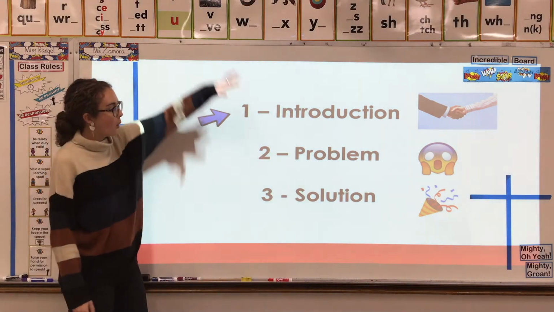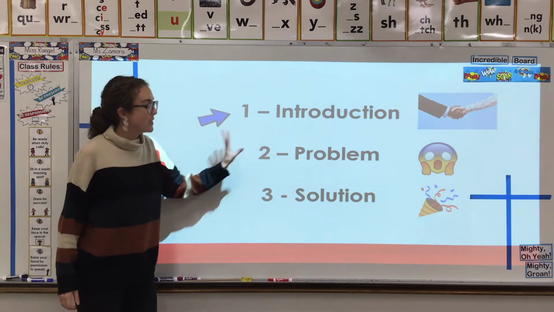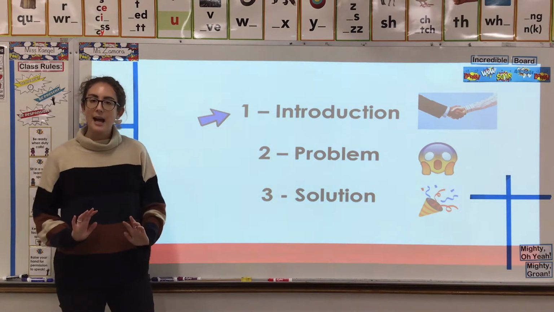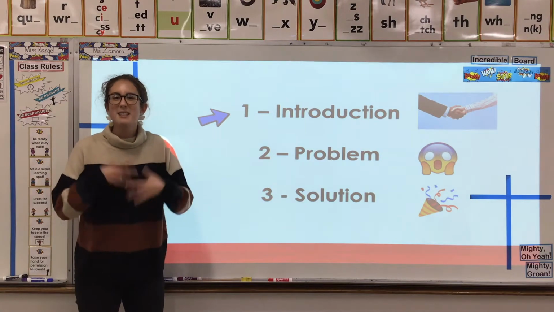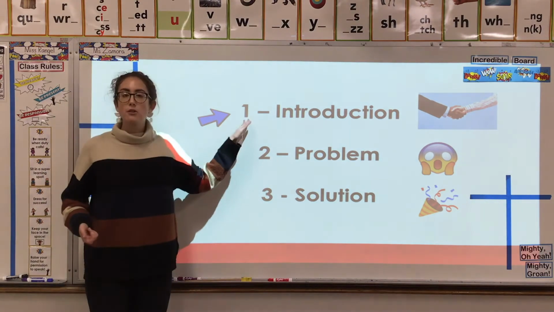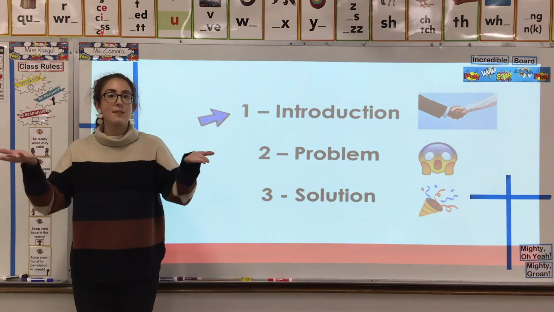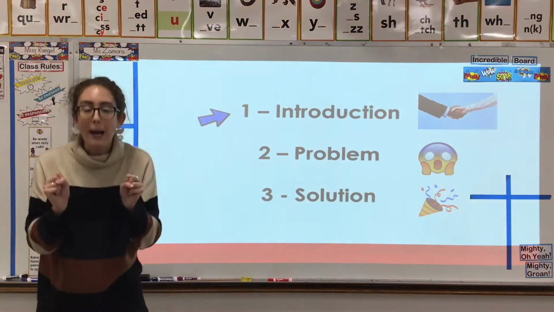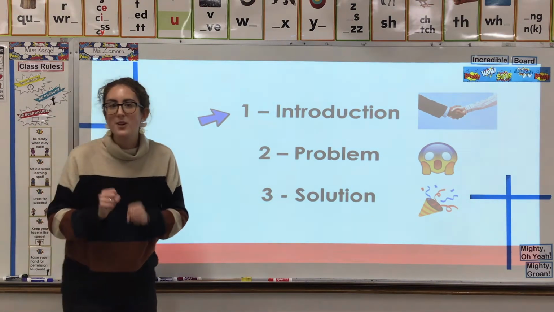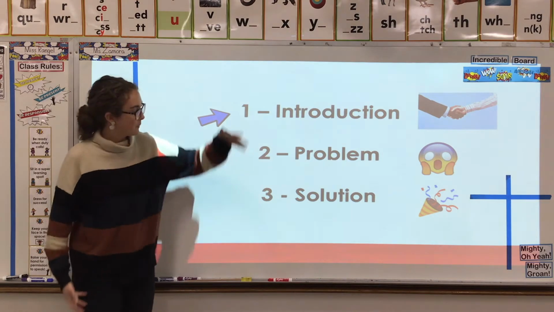So like we mentioned, we are starting with the introduction. We're just going to focus on one paragraph at a time during the writing process to make sure we can really make it our best. So remember, in the introduction is where we get to meet that main character and the setting. It's where we want to grab our reader's attention and make sure that they're hooked in and really invested in our story.